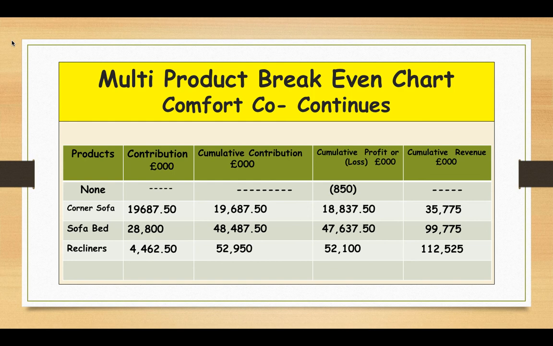So the corner sofa's contribution per unit is 437.5, and the number of units 45,000. So the contribution is going to be 45,000 times 437.5. That will be 19,687,500.